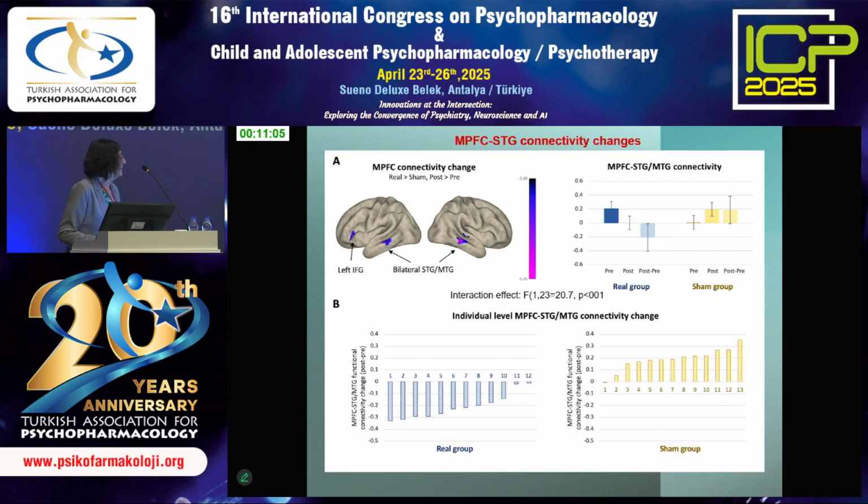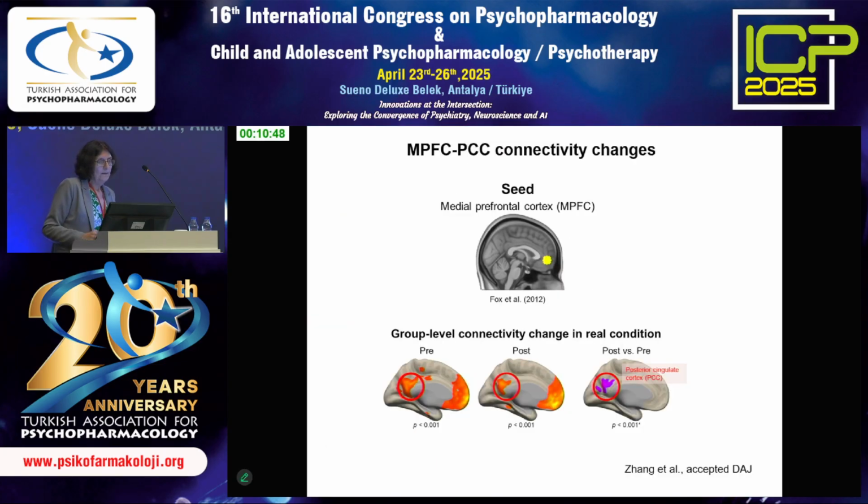And what I'm showing here is single subject effects, where you can see that these reductions really exist in the real group, but not at all in the sham group. And finally, we also had connectivity changes between MPFC and PCC.